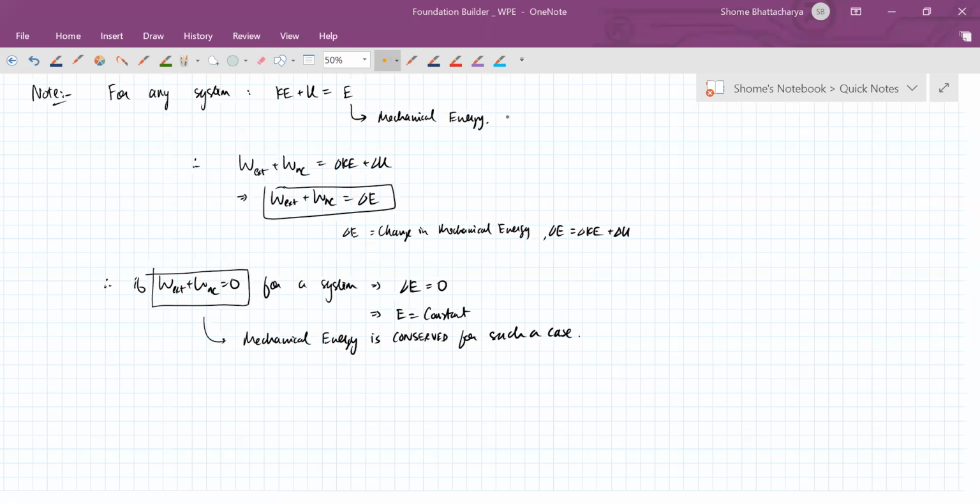So first of all, the definition of mechanical energy. This is the definition of mechanical energy. It is the sum of the kinetic energy plus potential energy. Okay. And the situation where the work done by external and non-conservative forces is zero, the mechanical energy for such a system becomes conserved.